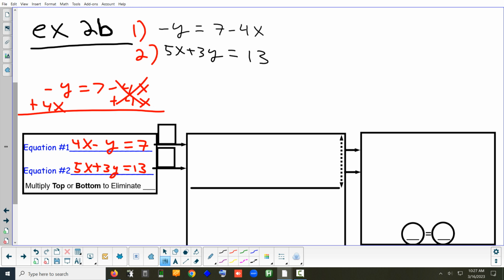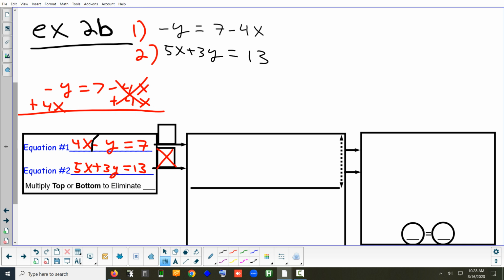Which variable is the single variable in one of the equations? The negative y, right here. So that's a variable that's by itself in the top. So that's the equation we're going to focus on. You don't have to worry about the bottom. Focus on the equation that has the single variable on the top.